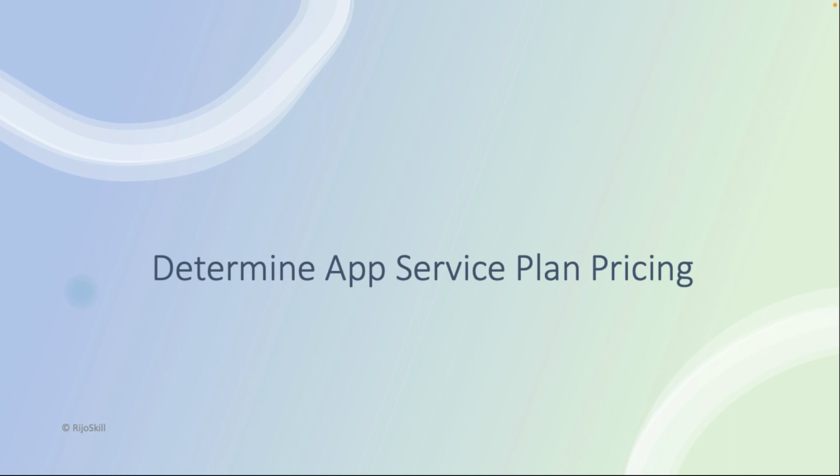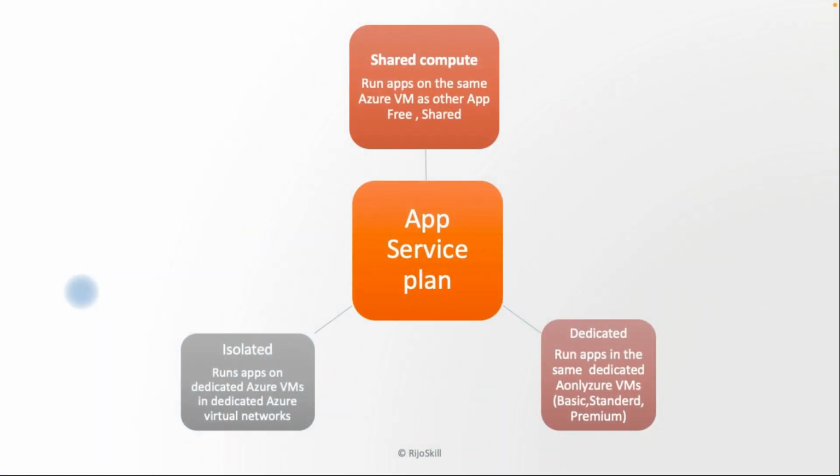So here you can see the App Service Plan and pricing. First we will go through one diagram. Here you can see the App Service Plan: shared compute, dedicated, and isolated. Shared means running your app on the same Azure VM as other apps. So if you want to run your application, that resource will be shared with other applications also.